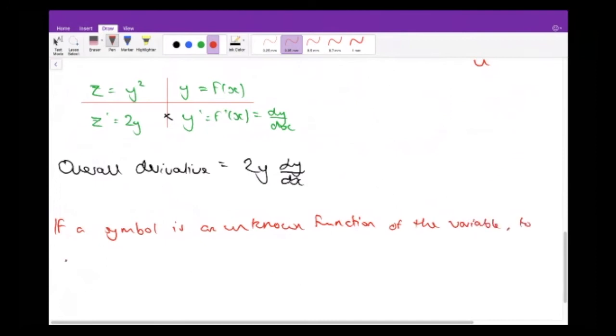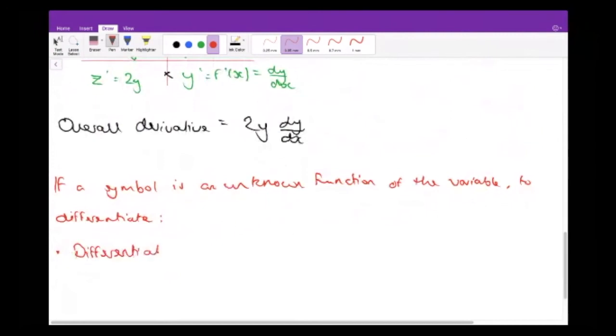To differentiate, notice that 2y, well, if I had x squared, it would differentiate to make 2x. So we differentiate normally. And then once we've differentiated it normally, say to get the 2y, we multiply by d, whatever the function is, in this case dy by dx.